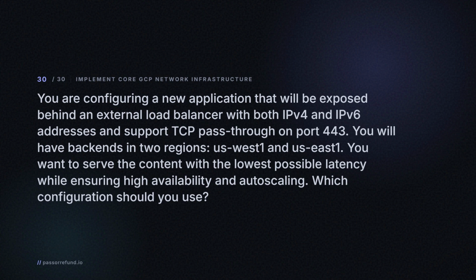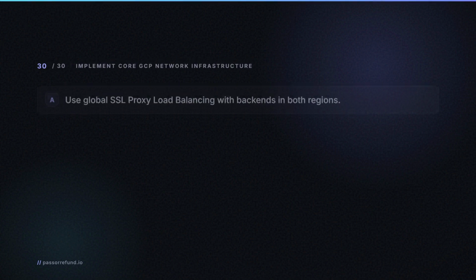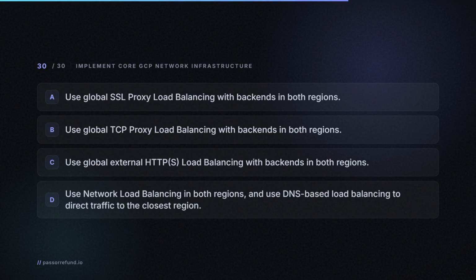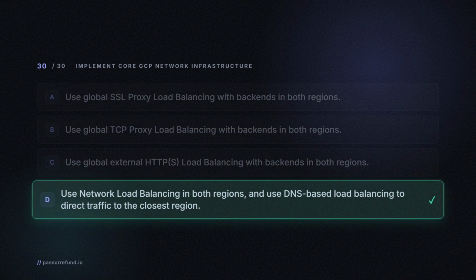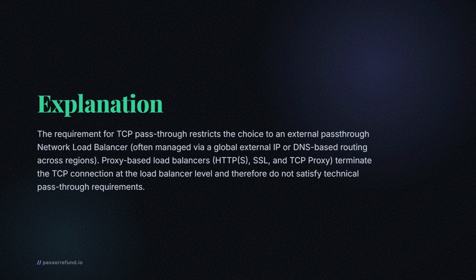Which setup should you go with? The right choice is D. The need for TCP pass-through means we're looking at an external pass-through network load balancer, which is often managed via a global external IP or DNS-based routing across regions.